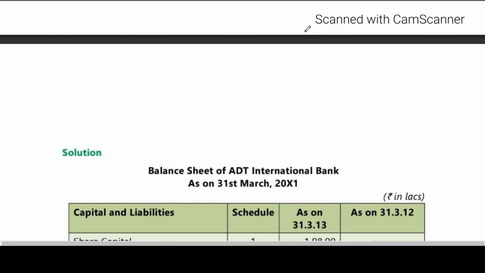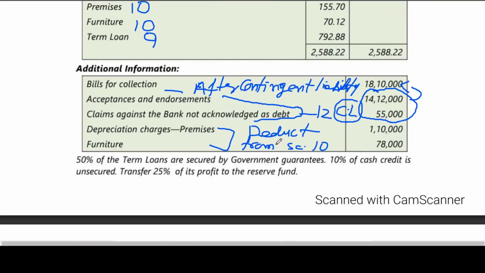They will be giving you to calculate the cash reserve and statutory liquidity ratio. Now these two things I'd like to mention: in some problems they are working out, in some problems they are not. I think in this particular problem, they worked out the statutory liquidity ratio and cash reserve ratio. Generally, if that is given in the problem, we can calculate. Is this clear? But here we are calculating in this problem.